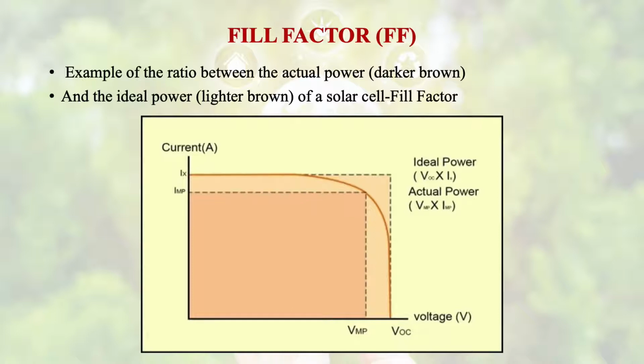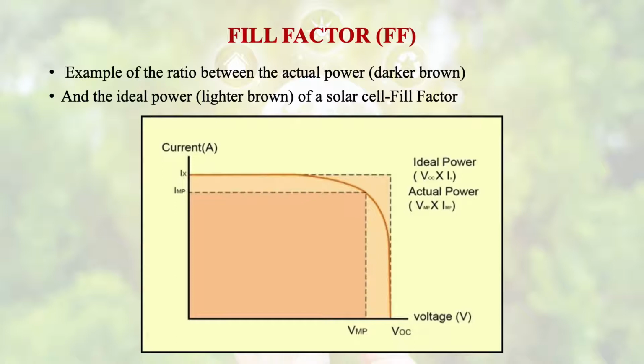Here is an example of the ratio between the actual power, which is the darker brown area, and the ideal power, which is the lighter brown area of a solar cell. You can see the lighter brown area is larger, which is VOC multiplied by ISC. This is the maximum or ideal power it should be, and the darker brown is VMP multiplied by IMP.